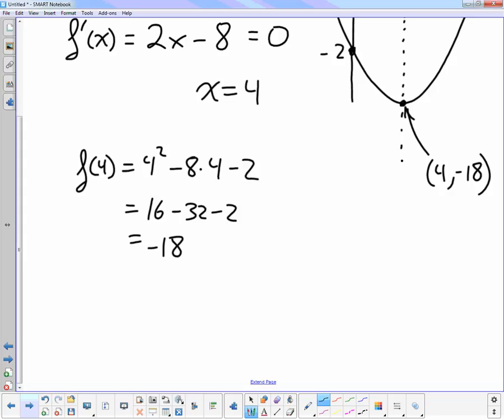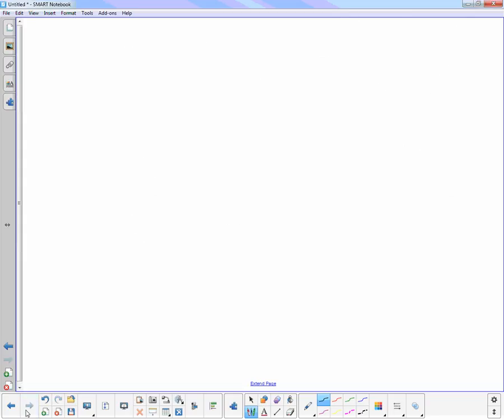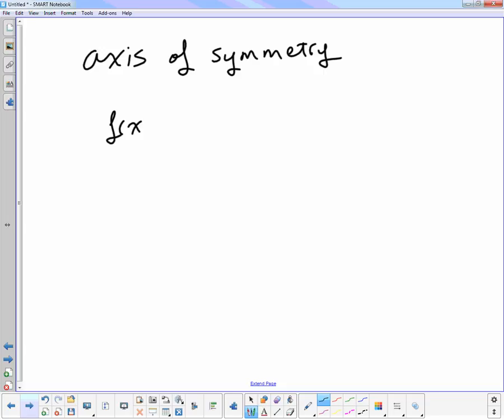And you might also remember, does anybody remember the formula for the axis of symmetry? If you ever forget the formula for the axis of symmetry, you can easily derive it. For any garden variety parabola, the axis of symmetry is where the minimum or maximum is going to be.